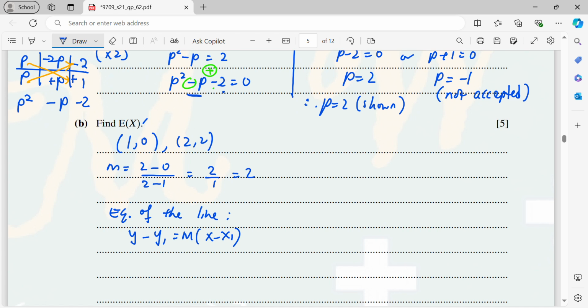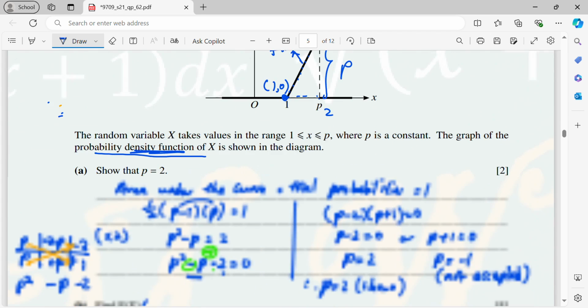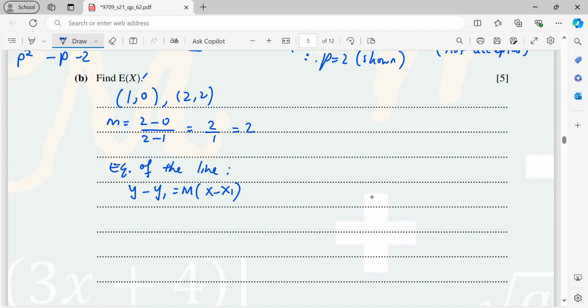From the graph, this is a straight line. This is f(x). So now I need to find out what my f(x) is. I will use point (1, 0) for my x1 and y1. So my x1 is 1, my y1 is 0. That means y minus 0 is 2 times (x minus 1). Therefore, my y is basically 2x minus 2.